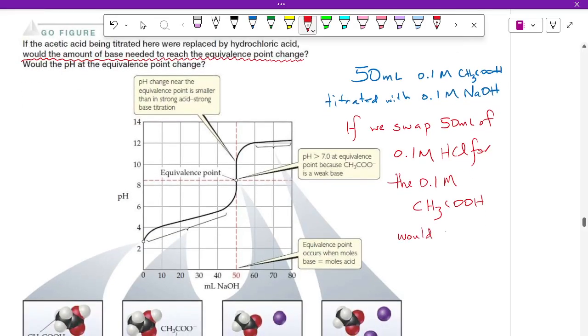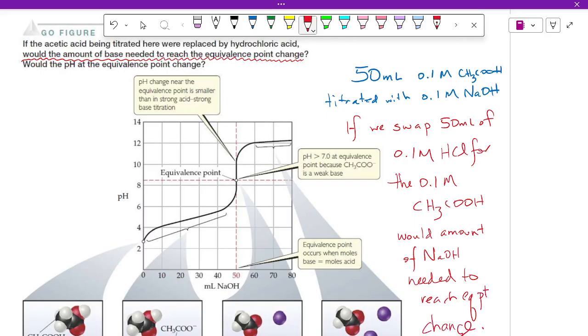No. I hear a no. Why not? It's exactly the same thing. You have the same moles.